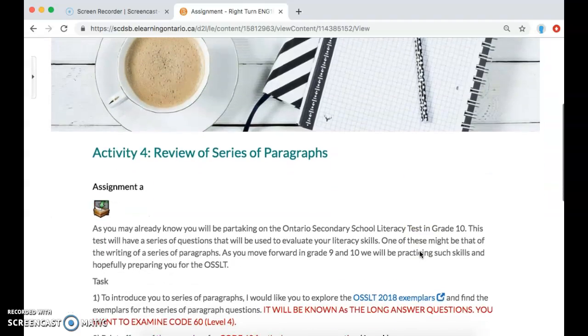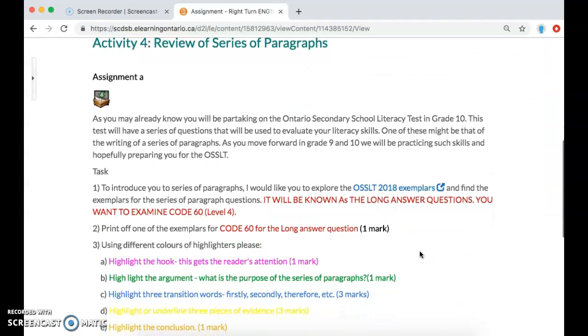So the next part of this lesson was when you actually had to look through some examples from the Ontario Literacy course, long answer samples. So right here is the link for the exemplars, so you can open them in a new tab. And it says that you should be looking at the long answer questions that have a code 60.